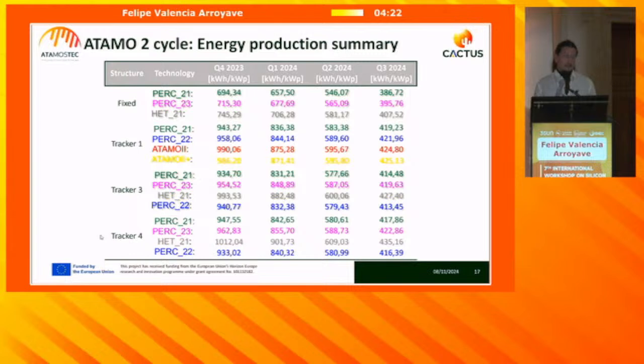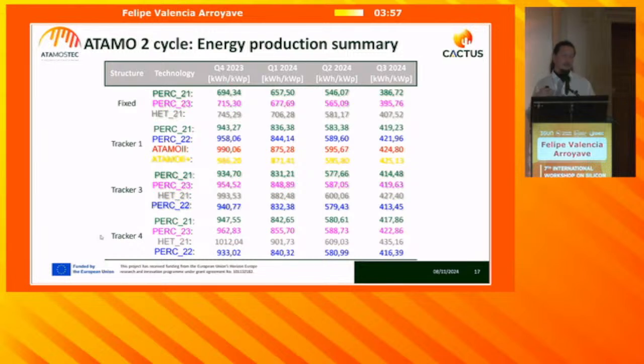So as a summary, we did an evaluation during a year, every quarter, in order to see how much energy we are getting from all the technologies that we have in the Atamo 2 cycle. And as you can see, independent of the heterojunction technology under evaluation, all of them outperform the other ones.